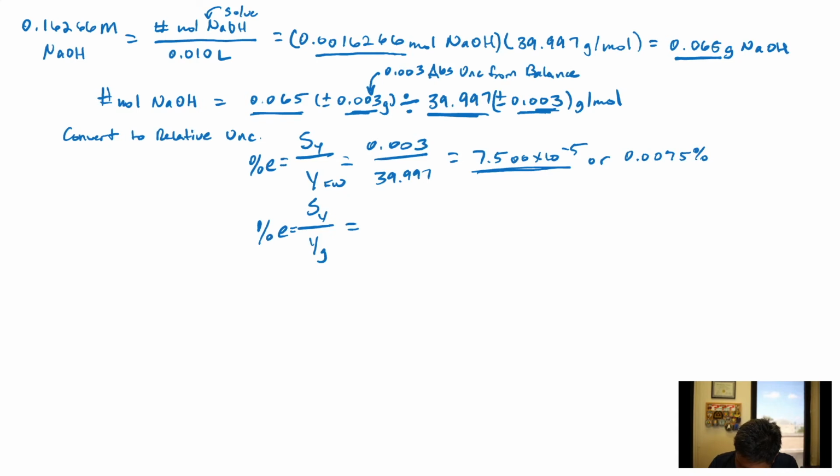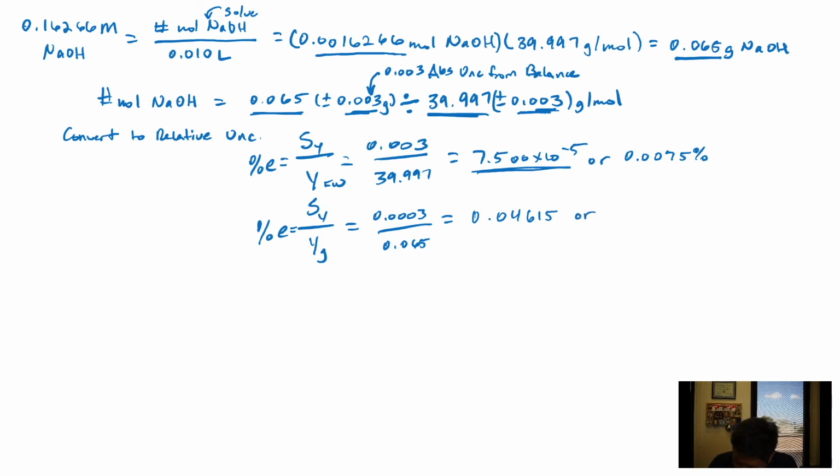It's all the same. So 0.003 divided by the number of grams you have, 0.065. That gives us a relative uncertainty of 0.4615.